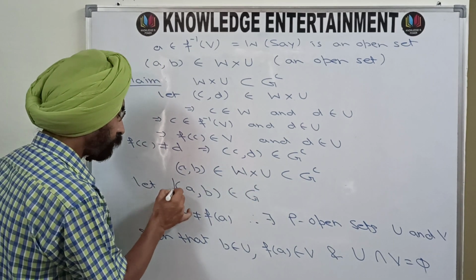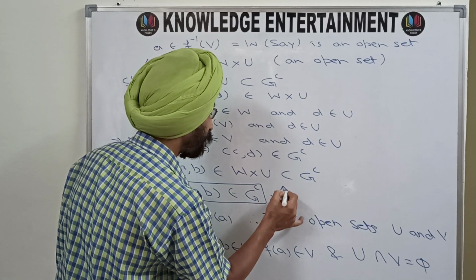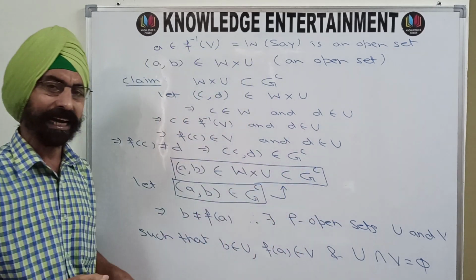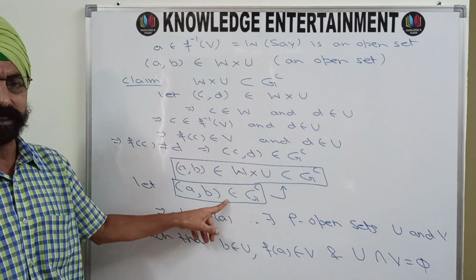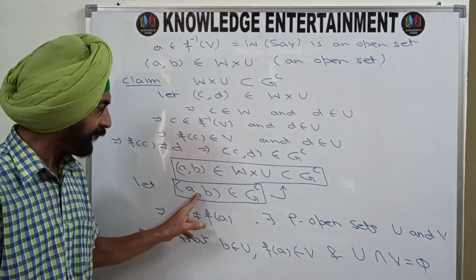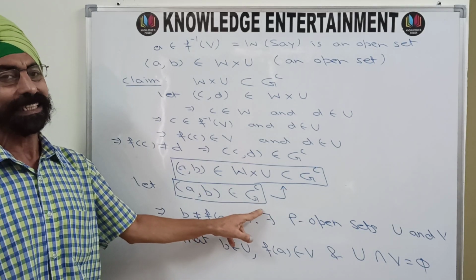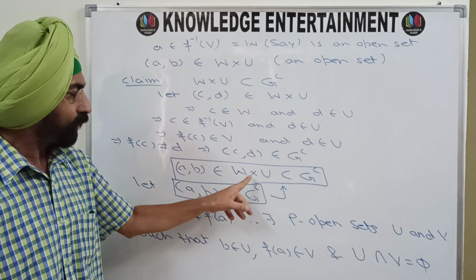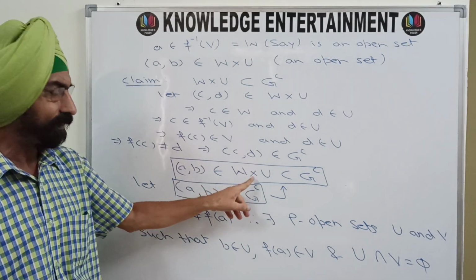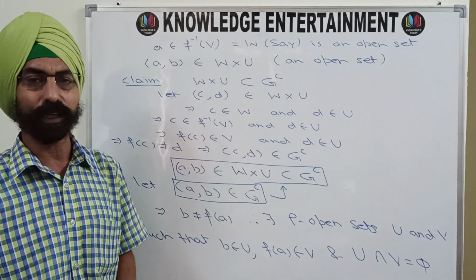Now, from this statement, look into this statement. We have started from here and now we are here. I have taken one element from the set G complement and successfully obtained an open set W cross U which contains the element and which is a subset of G complement, and this makes G complement an open set.